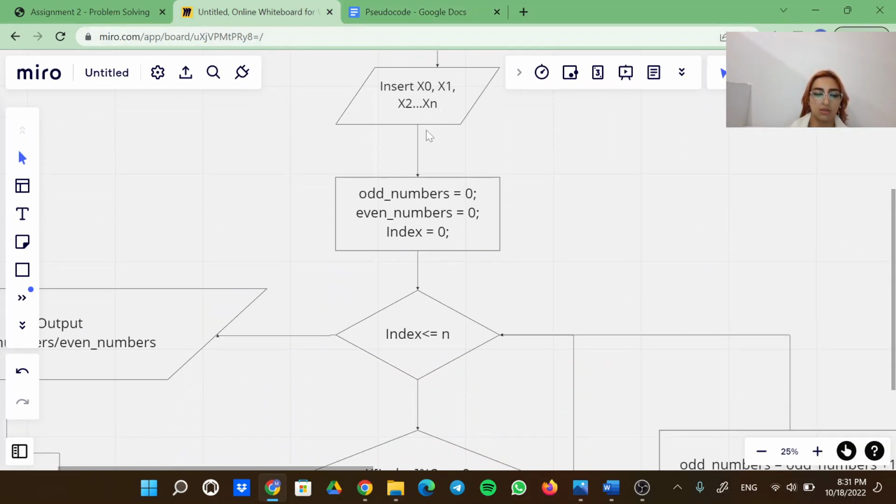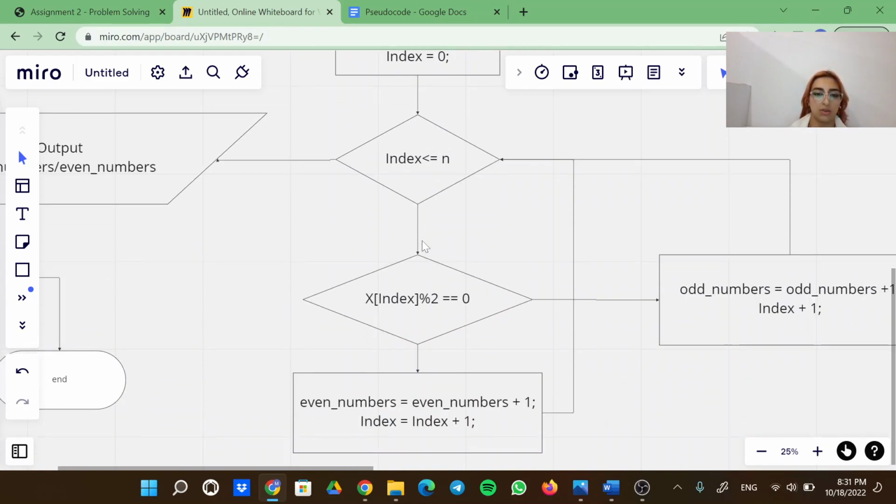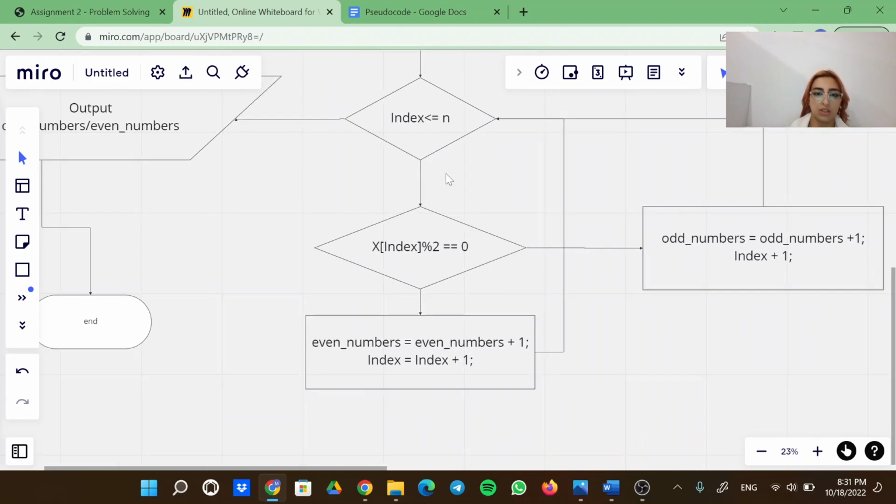start, x0 to xn, odd numbers 0, even numbers 0, index 0. If index is smaller than or equal to n, if the remainder when divided by 2 is 0, even numbers +1, index +1, so we check the other number. If it's even, numbers count +1.